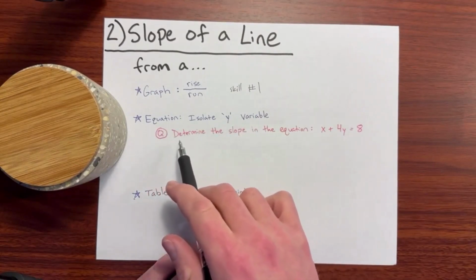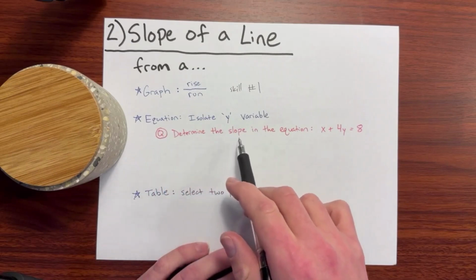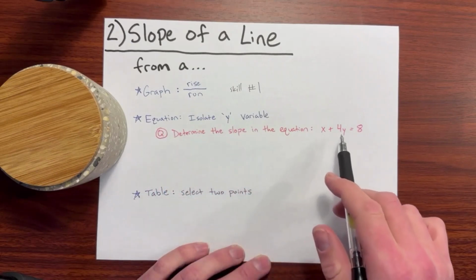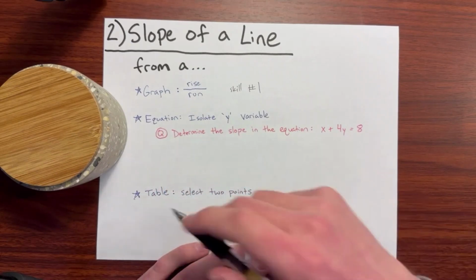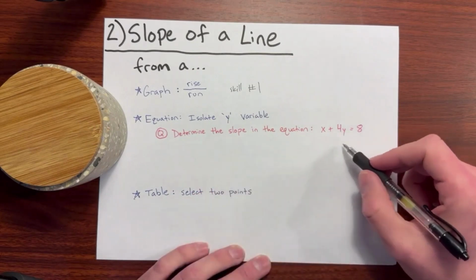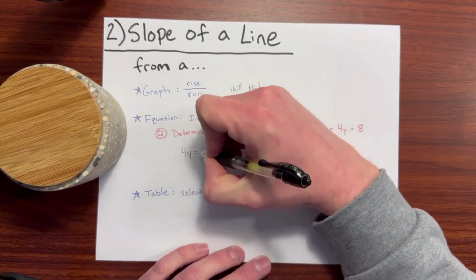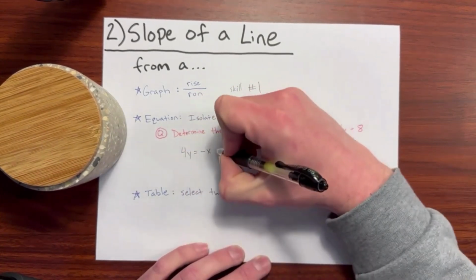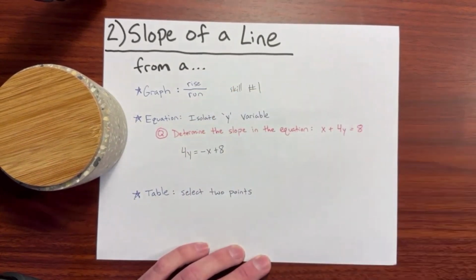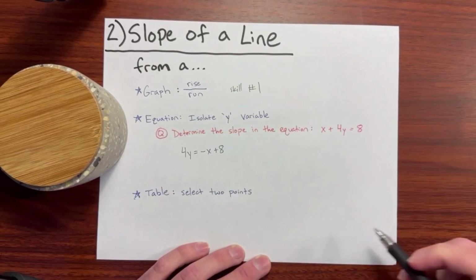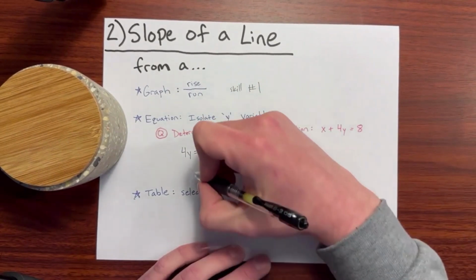So as an example, it asks you to determine the slope in the equation x plus 4y equals 8. So first we will move over the x to the other side, so then we will have 4y equals -x plus 8, and then we will divide everything by 4 to isolate the y.